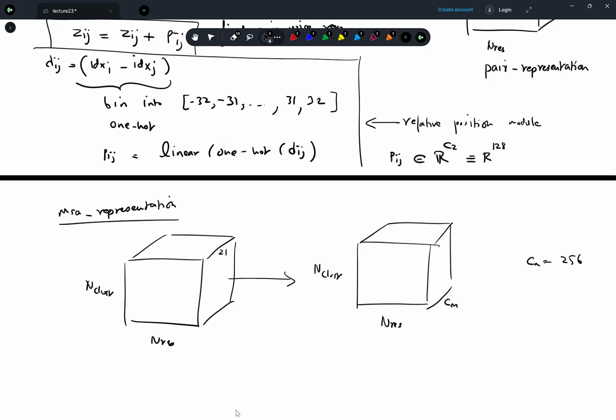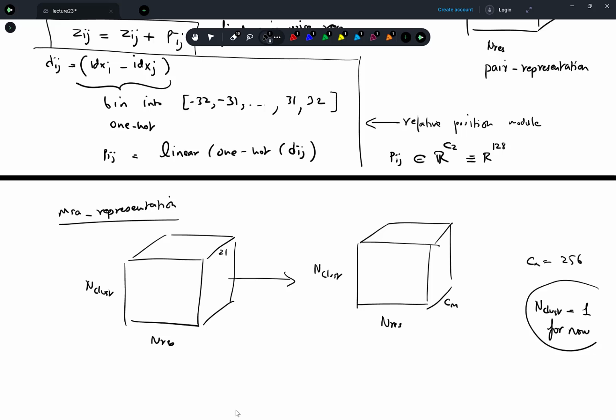If I don't have multiple clusters, then n clust equals 1, for now.